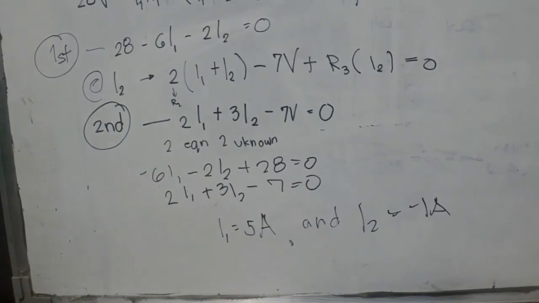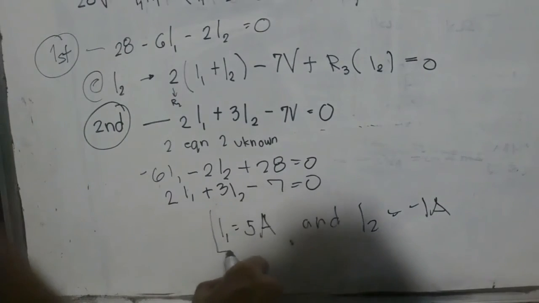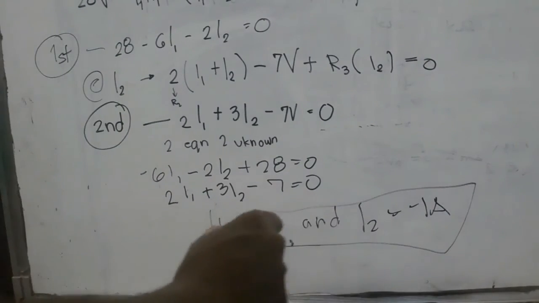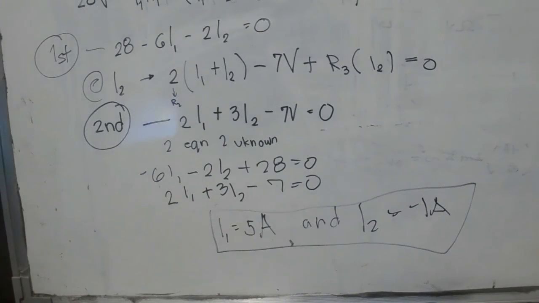I1 is equal to 5 amps, and I2 is equal to 1 amp. Note that I2 is flowing in opposite direction, that's why it's negative.